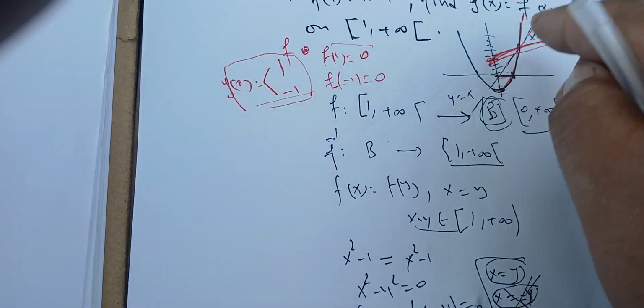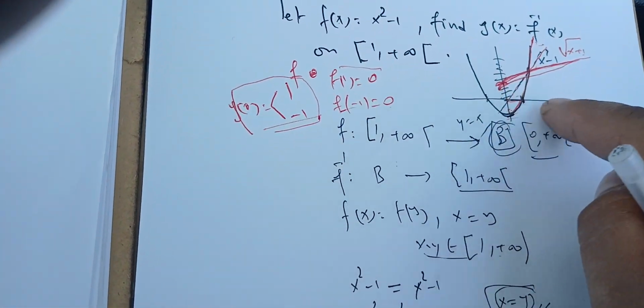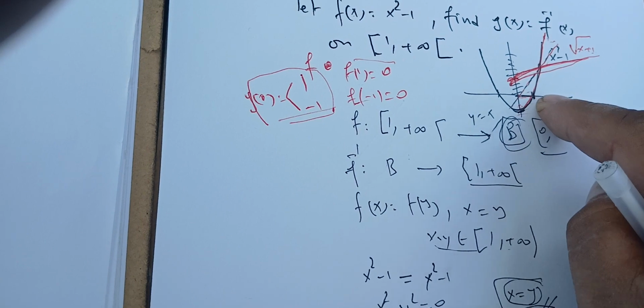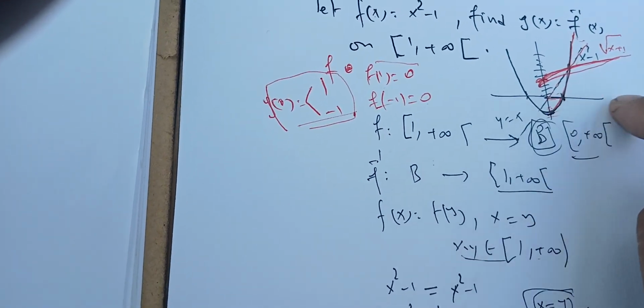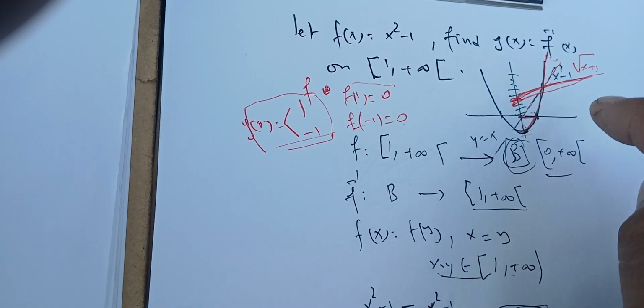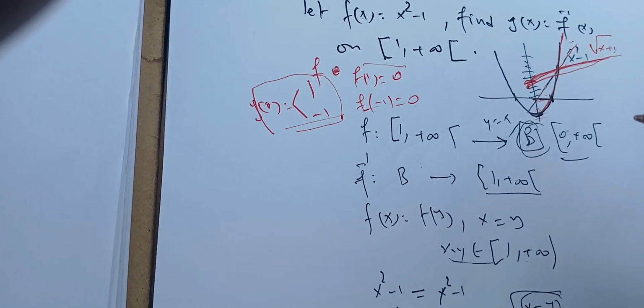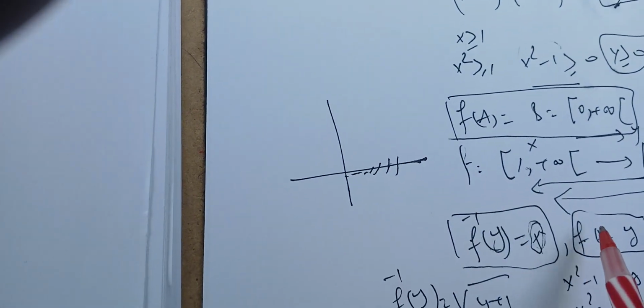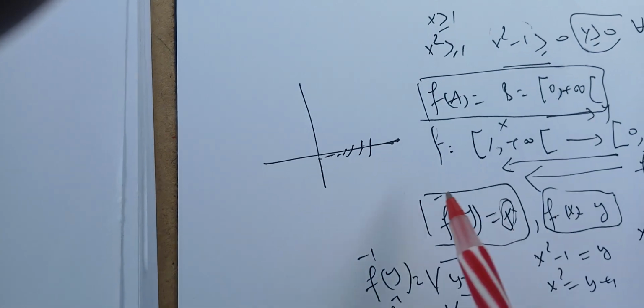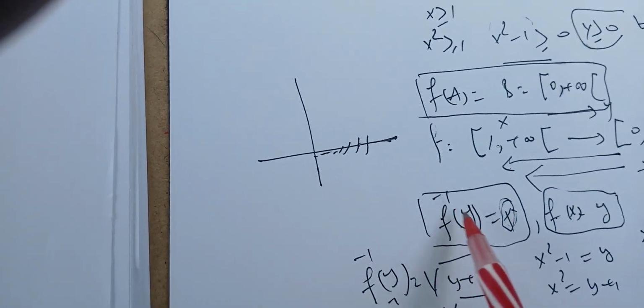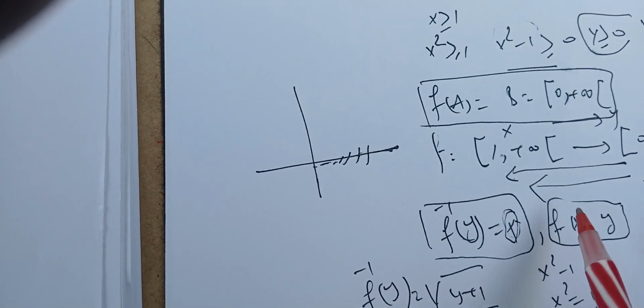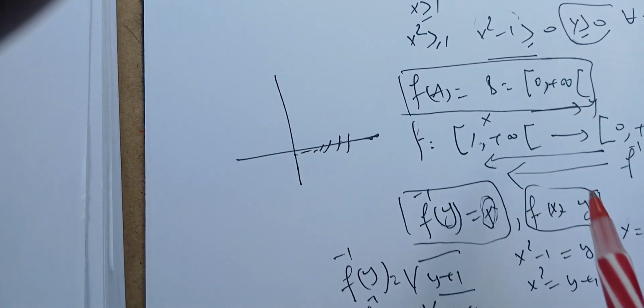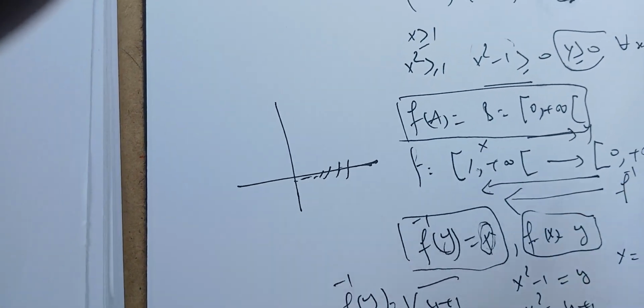So we switch back the domain and the range to have both f and f inverse on the same axis. That's why we switch x and y. And sometimes we don't have the expression for f inverse, so we solve for f. So it's good to review and check these results.